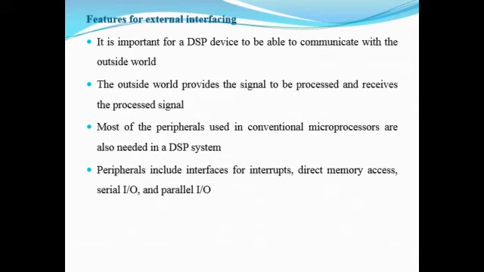then at the output we are going to connect it to a peripheral device here. So peripherals may include interfaces for interrupts. For example, any interrupts have to be serviced, so we are going to use a peripheral for such interrupts, and DMA, direct memory access, and serial IO and parallel IO devices.